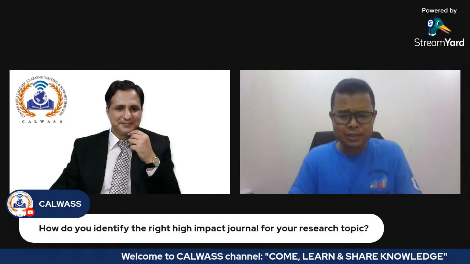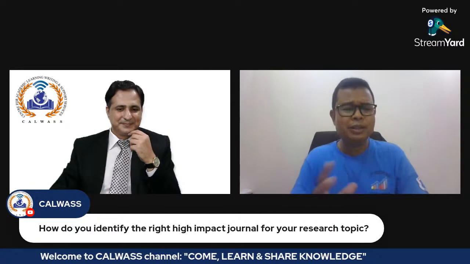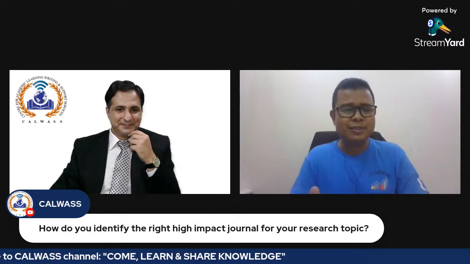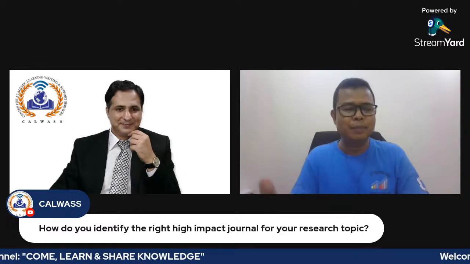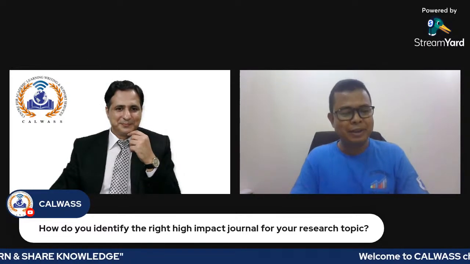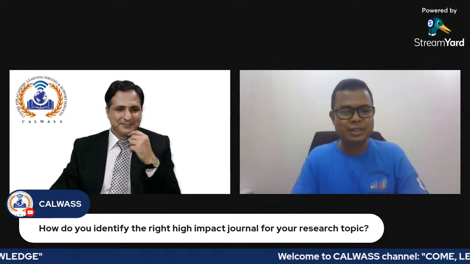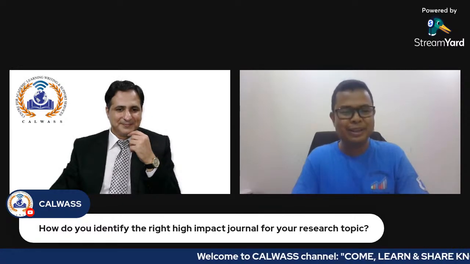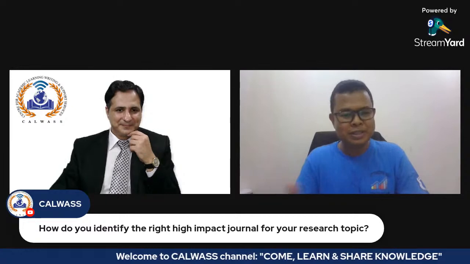You can follow some ranking style, right? I told that if you are in Europe, please follow the ABS ranking. If you are in America or Asia, please follow the JCR ranking, or the Scopus ranking.